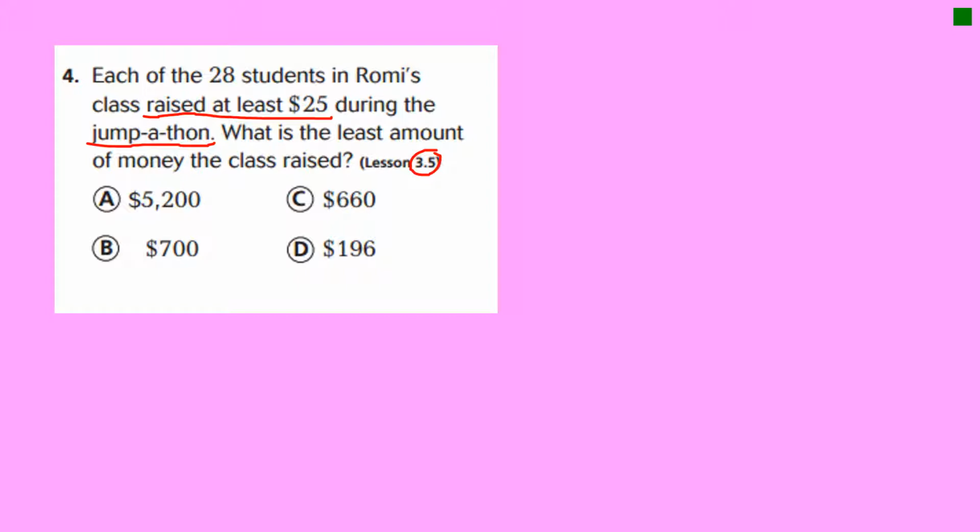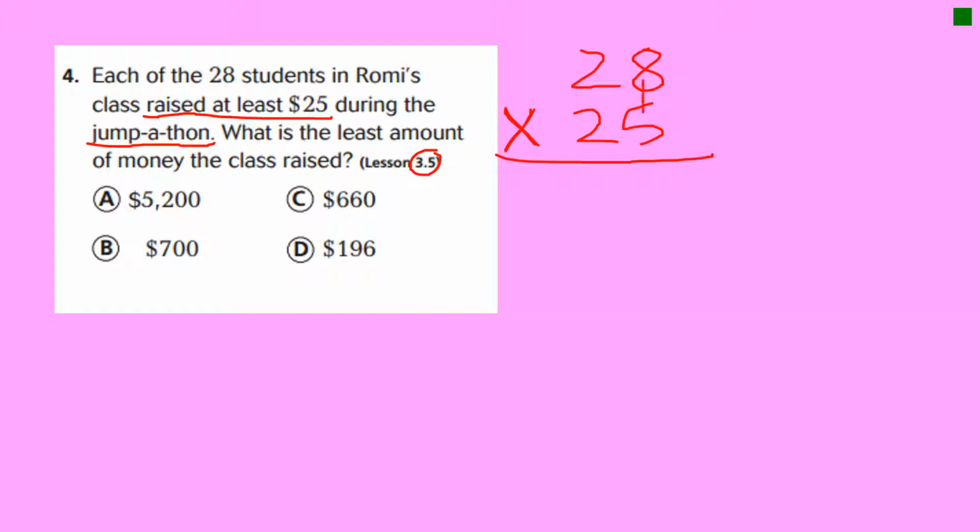So remember, when you have the same amount again and again, we can repeatedly add it, or we can multiply it, right? So there are 28 students who each raised $25. So we have 28 piles of $25.